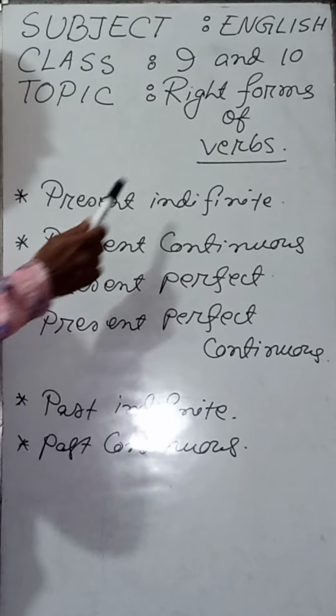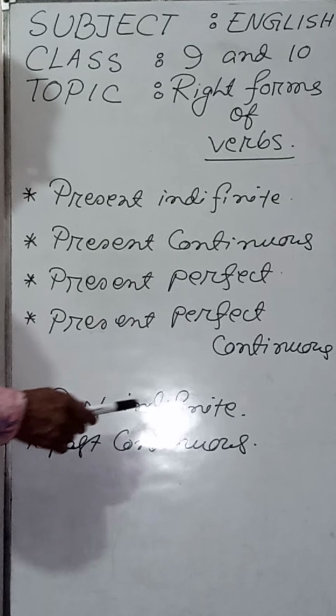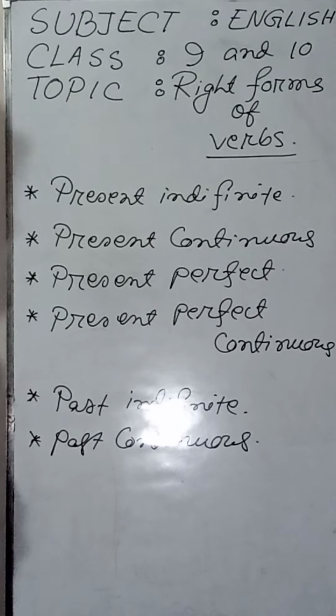Basically, right forms of verbs are divided into 2 categories. One is according to tenses and another is according to structures. Today I will discuss according to tenses.